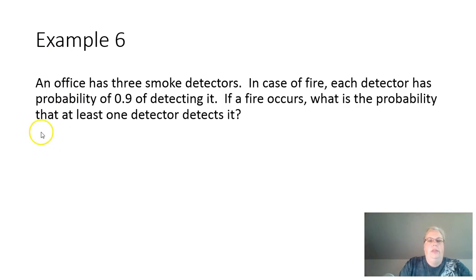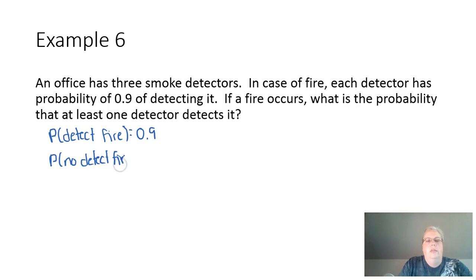Alright, so the probability of detecting a fire is 0.9. And the probability of not detecting a fire is 0.1.